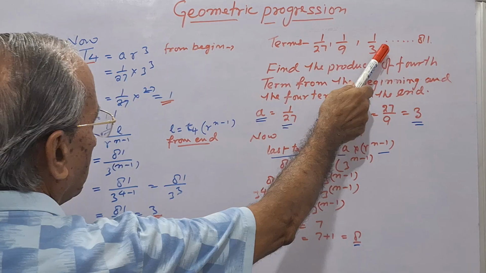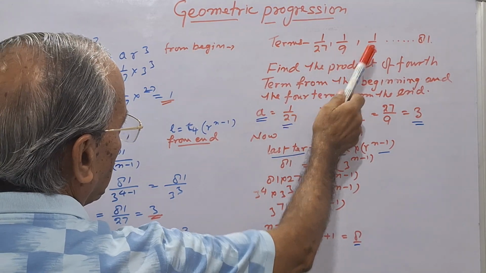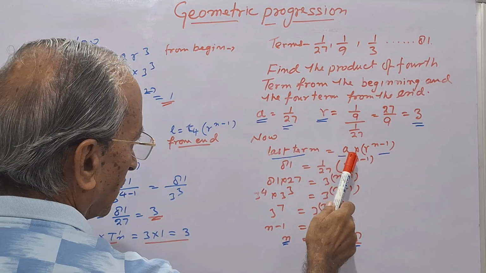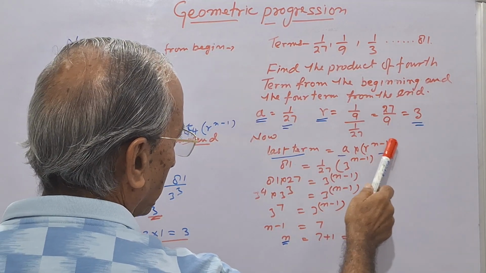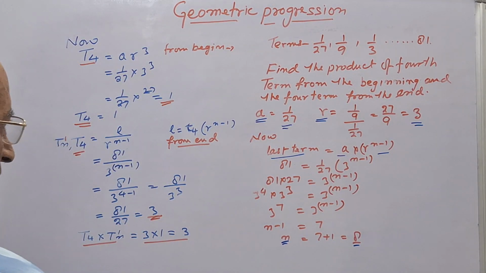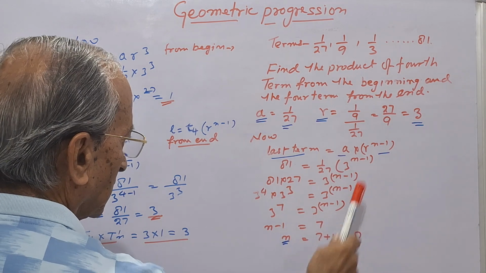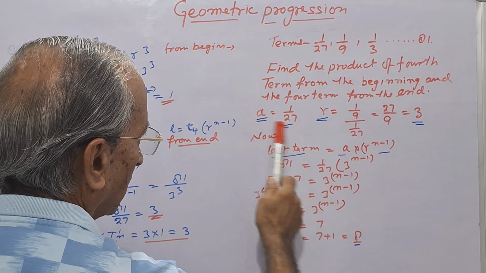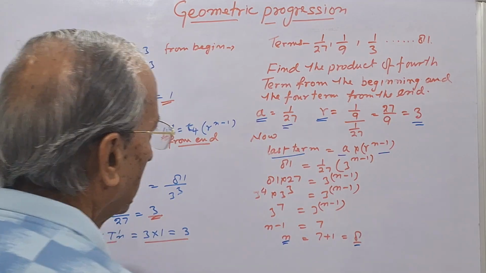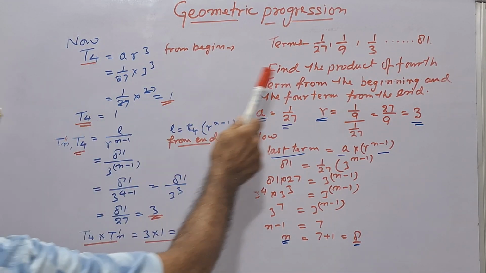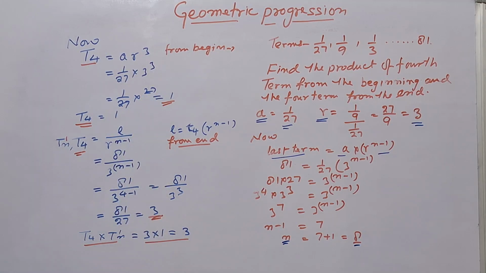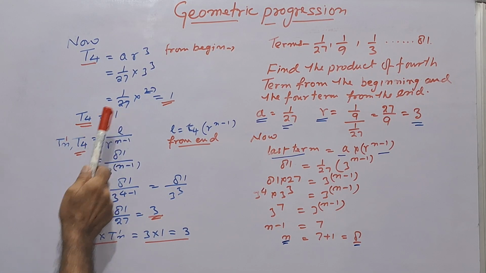Find the 4th term from the beginning by using the formula: nth term is equal to A into R to the power n minus 1. So first determine n, you know A and R, and then T4 from the beginning is A into R to the power 3, that is T4 is 1.